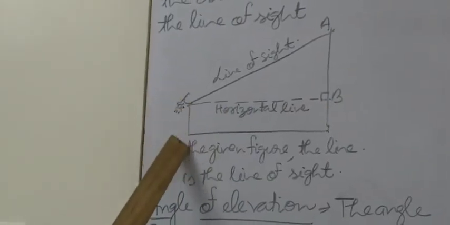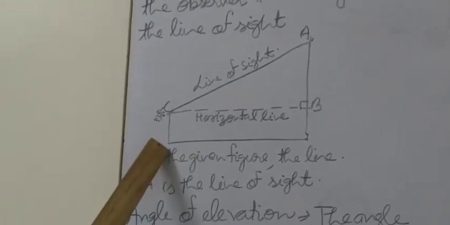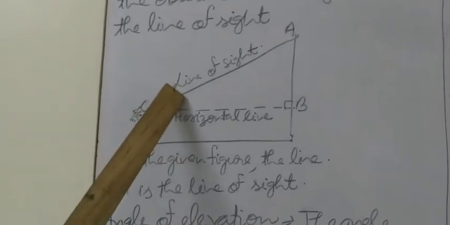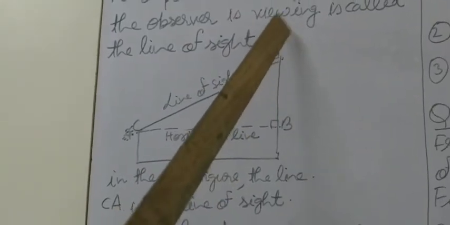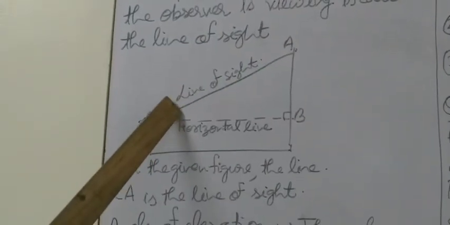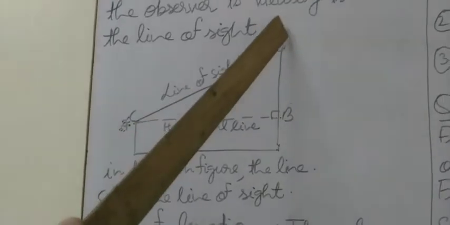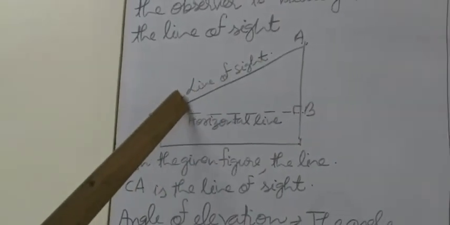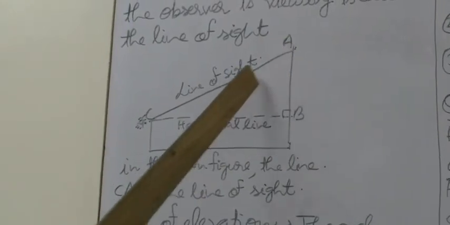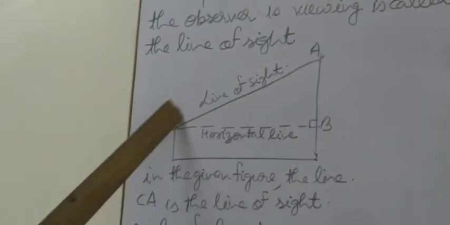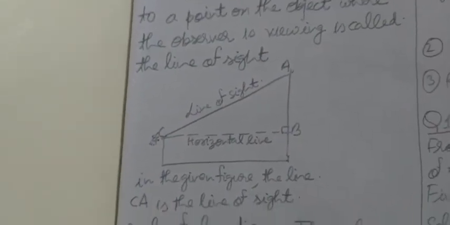This is the height of the observer, and the angle formed by the object which is situated at A is this angle, and this line makes the angle of the object with the eye of the observer. So this is the line of sight. Okay.